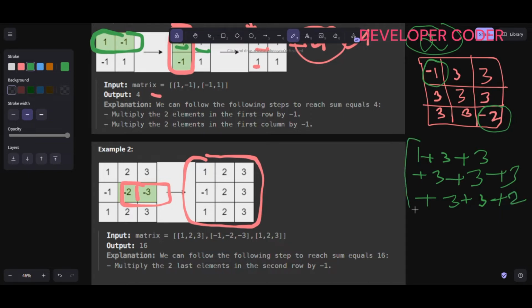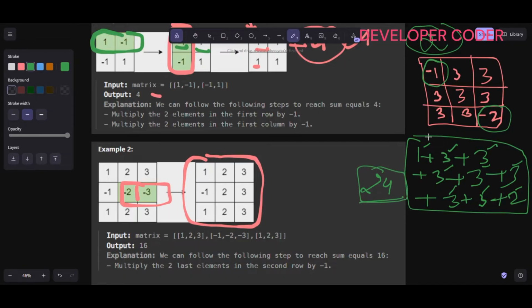I'm doing the summation of all these. So what is the output that I'm going to get? I'm going to get 3, 6, 9, 12, 15, 18, 21 and then 24. So 24 is going to be my output if I do the summation.